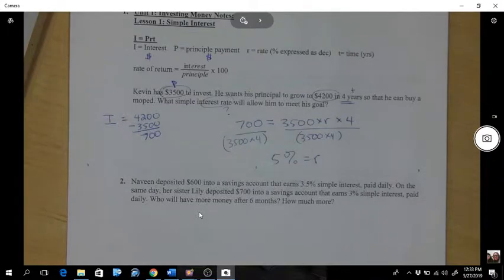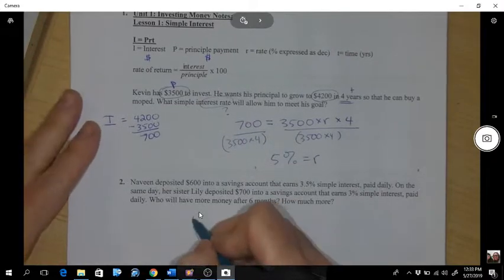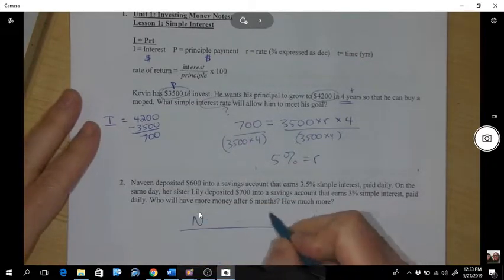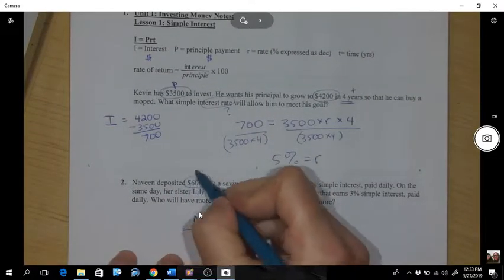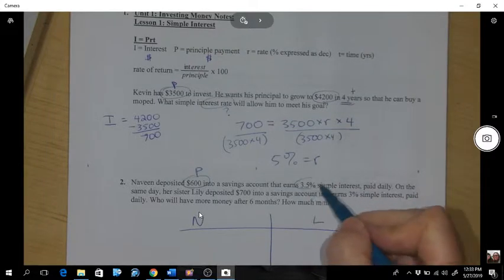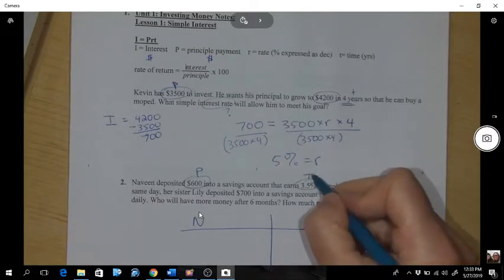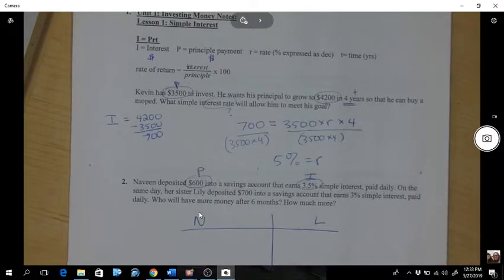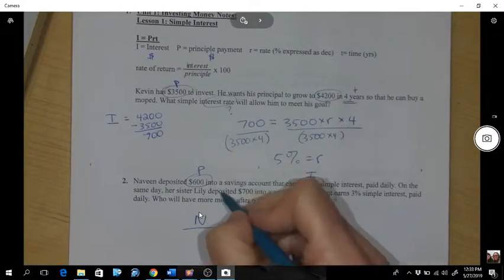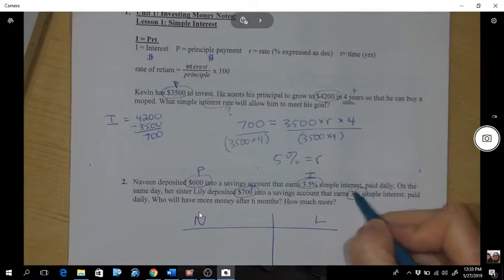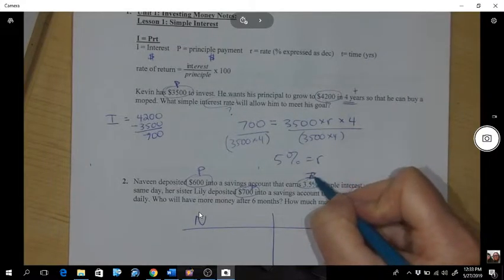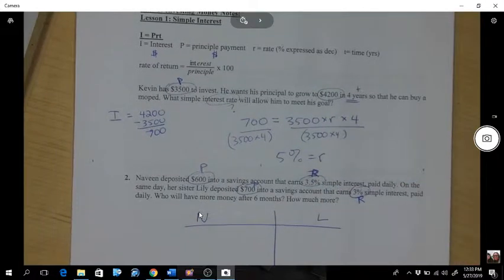Okay, 2 people. We have Naveen and Lily. Naveen is depositing 600 into account, earning 3.5% interest. Lily is doing 700 for principal and 3% as, oops, I should have put an R there, not an I, as her rate.